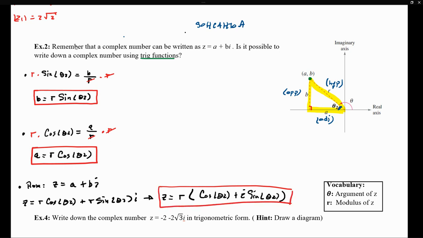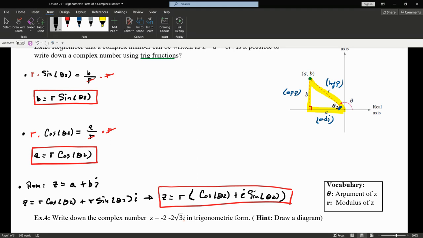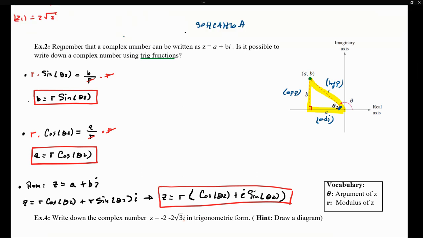But there's still something that we haven't discussed. So I know that if I take the sine, I can use it to define the b component. And if I take the cosine, I can use that to define the a component. But out of curiosity, what would have happened if we would have taken the tangent of this angle? Well, the tangent of this angle is opposite over adjacent.